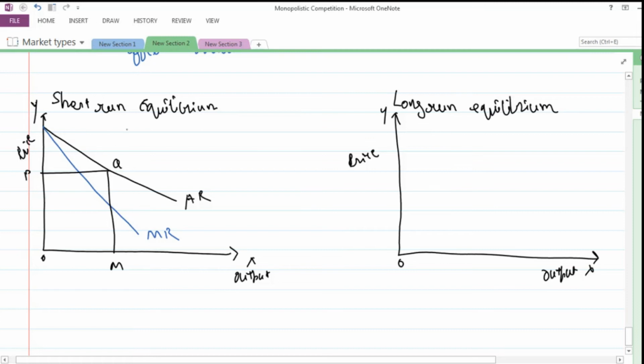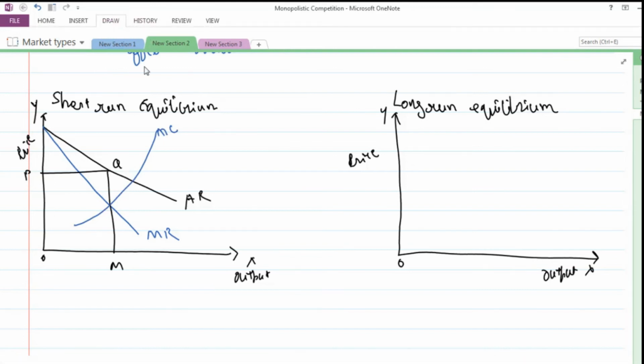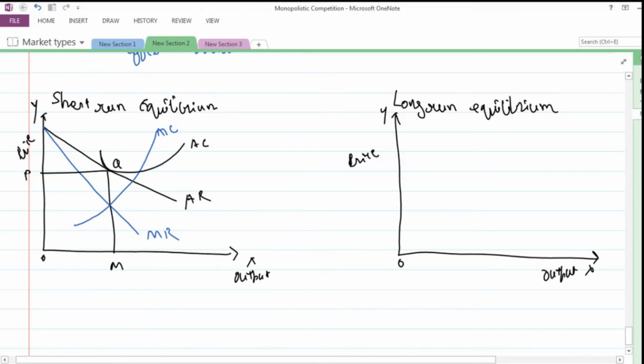What we find is that here the marginal cost curve cuts the AR from here, and further we have the average cost curve here.